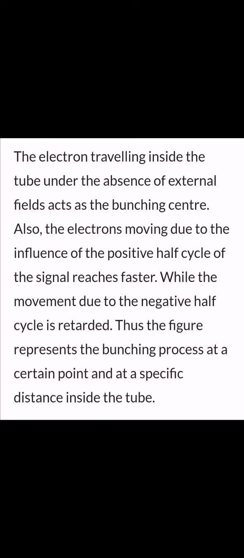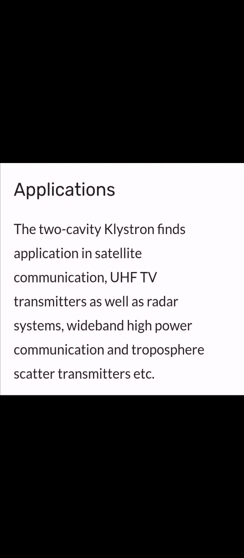The electrons moving due to the influence of the positive half cycle of the signal reach faster, while the movement due to the negative half cycle is retarded. Thus, the figure represents the bunching process at the center point at a specific distance inside the tube.